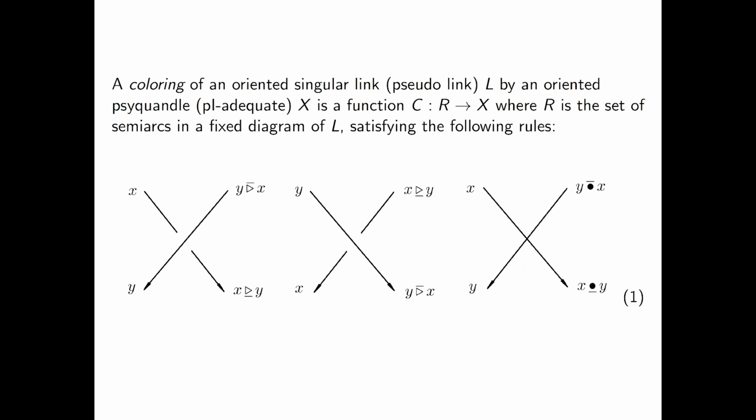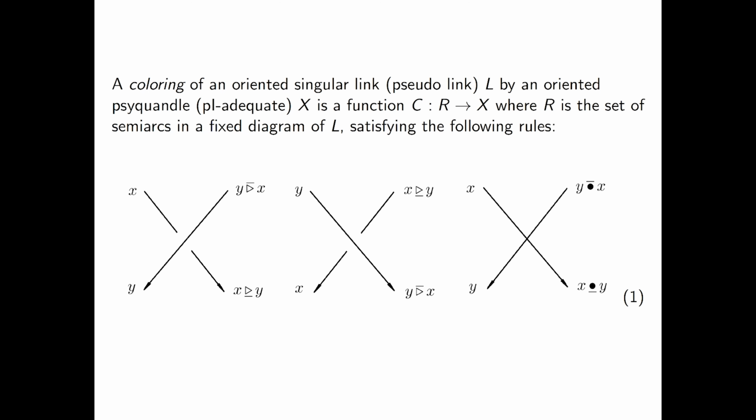So now that we know that there are operations that satisfy the axioms to be a Psyquandle, and also operations that satisfy the axioms to be a P1 adequate Psyquandle, we want to get back to the idea of how do you go from the generalized Reidemeister moves to the axioms, or if you're dealing with the set of Reidemeister moves for pseudolinks, how do you go to the axioms of the P1 adequate Psyquandle?